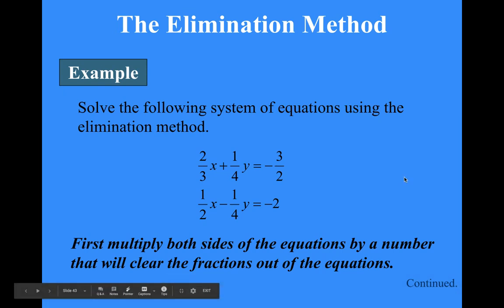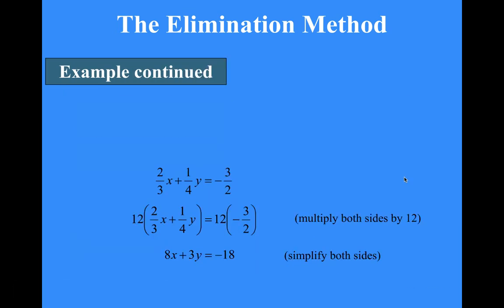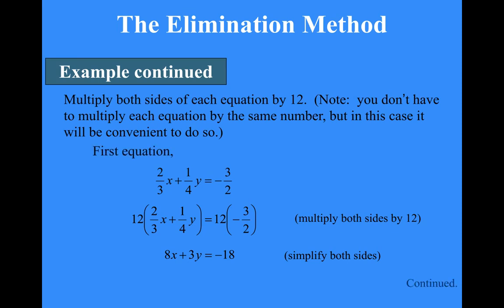Okay? So the next step, I'm going to multiply the first equation by 12. I have 2/3 x plus 1/4 y equals negative 3/2. I distribute a 12 on both sides. 12 divided by 3 is 4. 4 times 2 is 8. I get 8x. 1/4 of 12 is 3.